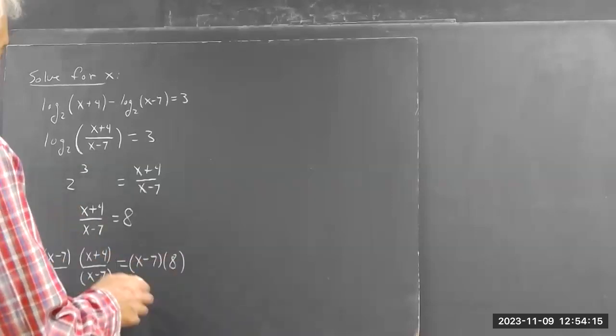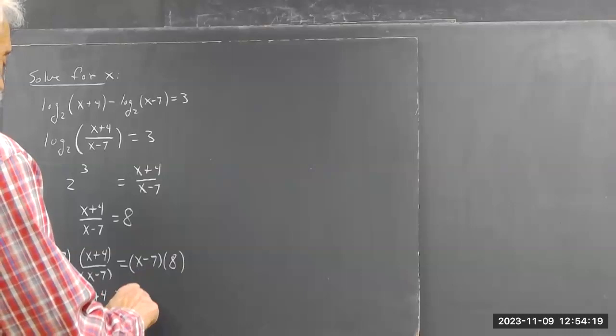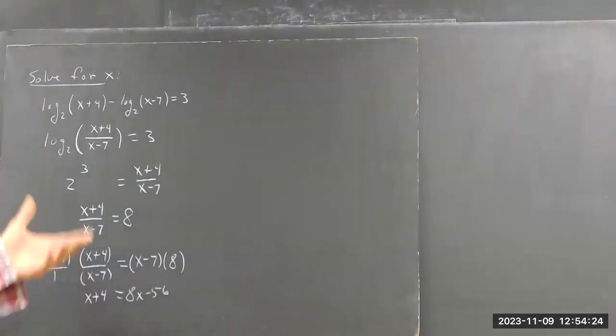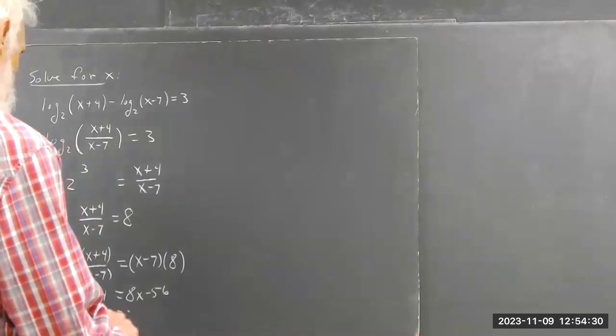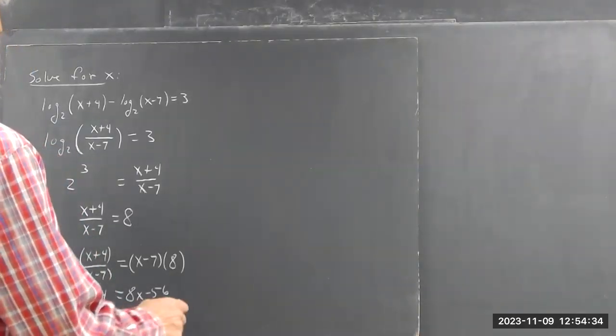This side we did multiply by x minus 7. And then multiplying through by 8, you get 8x minus 56. And the rest of it is then easy to solve. Going to end up with 7x equals negative 60.